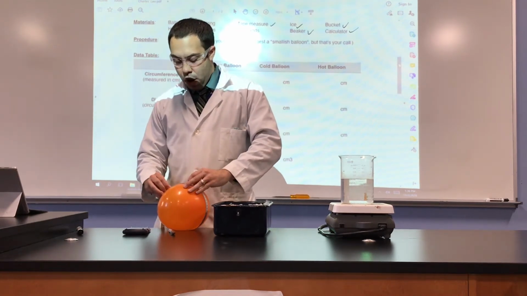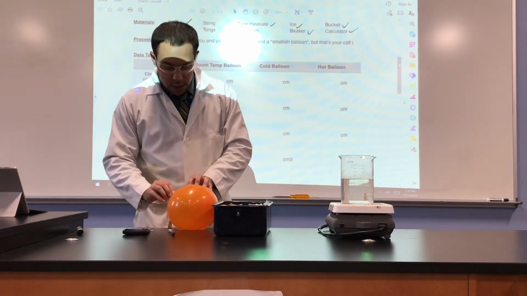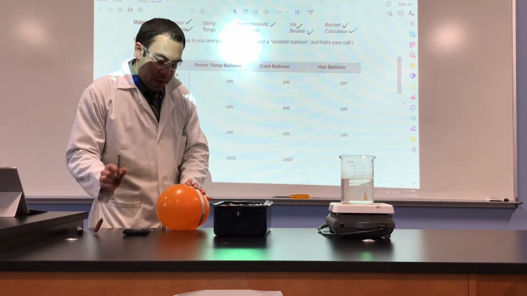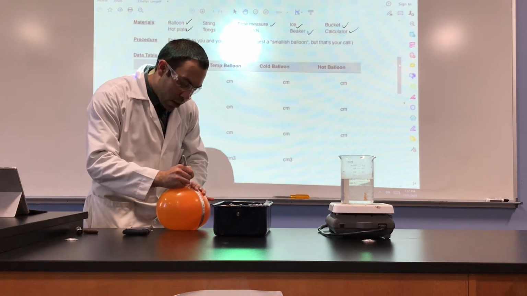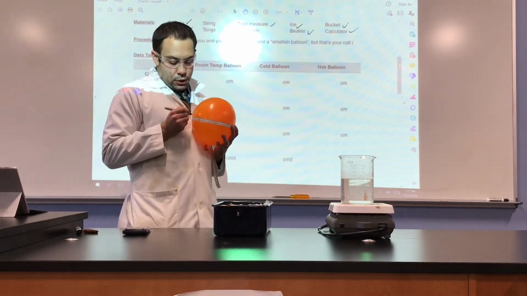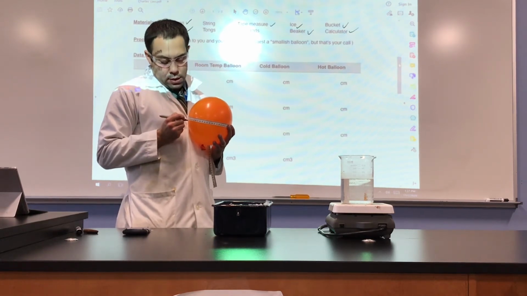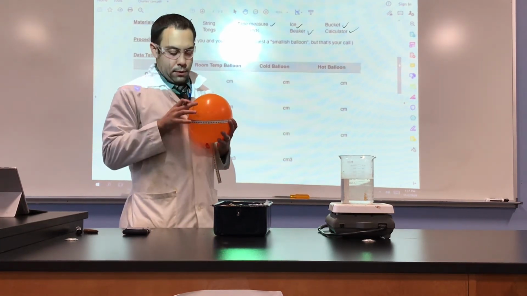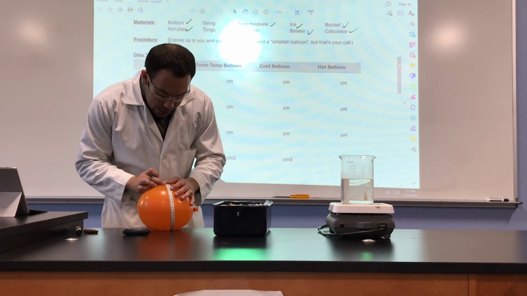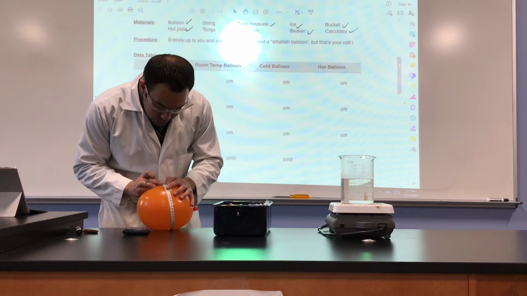It doesn't have to be the perfect circumference, but as long as we keep taking the circumference in the same spot. So I'm going to draw little lines to show where I have the tape measure on this side, and also on this side.